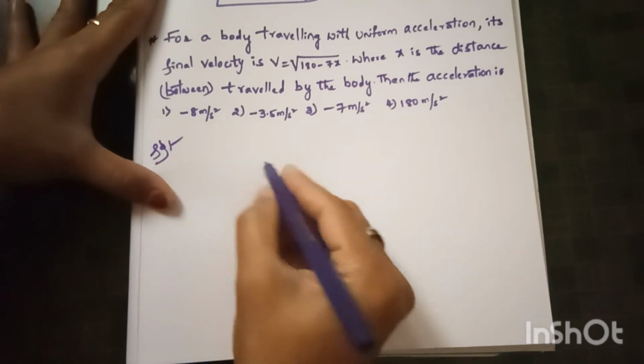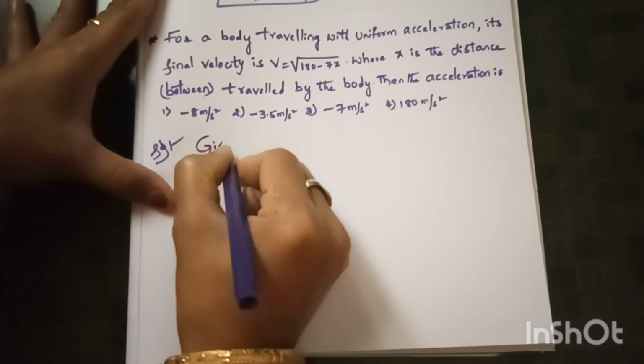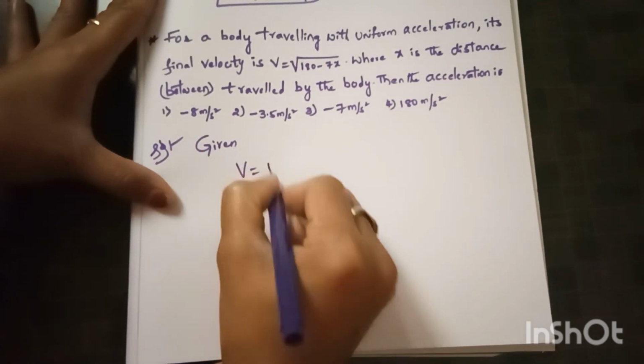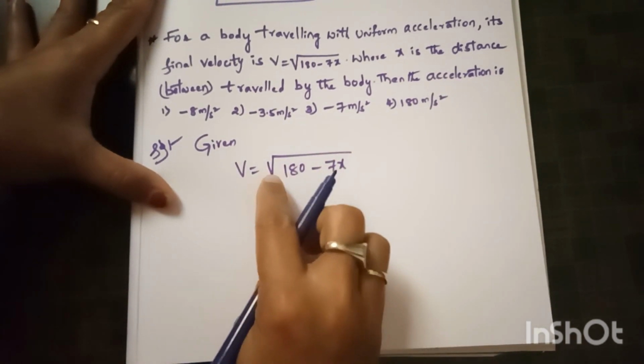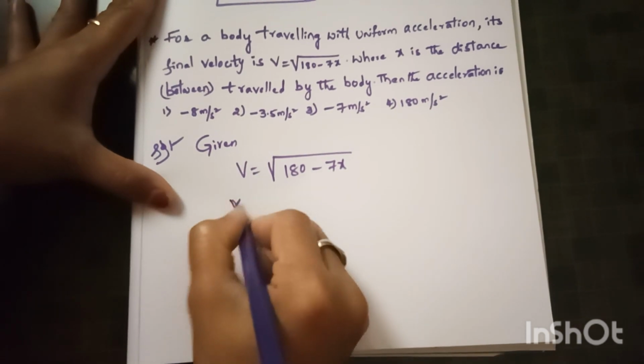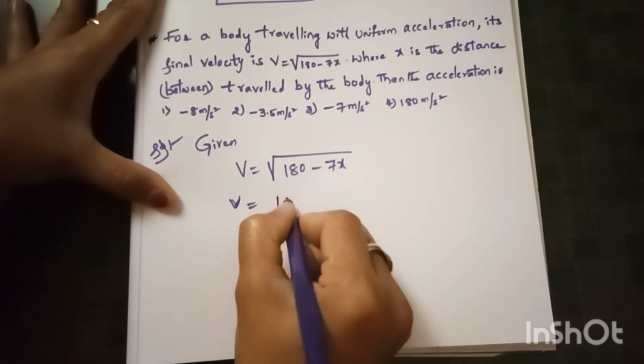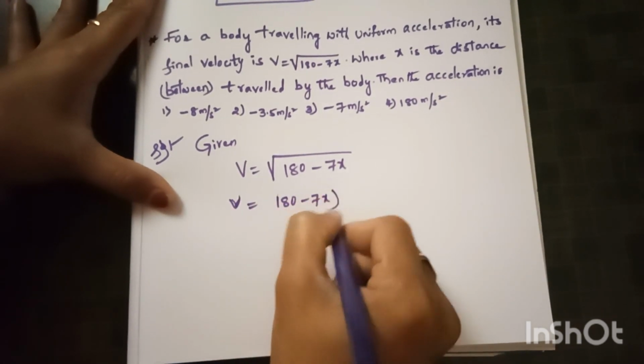So, solution. Given v equals under root 180 minus 7x. The square root can be written as (180 minus 7x) whole power 1 by 2.